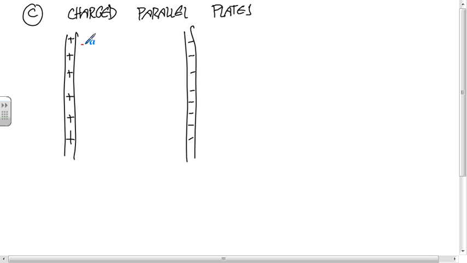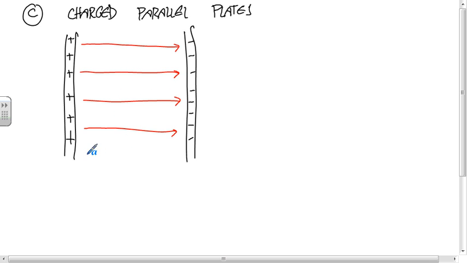Yep, they're all totally horizontal. They always go from the positive to the negative. And so what direction do the equipotential lines go? Yep, exactly.